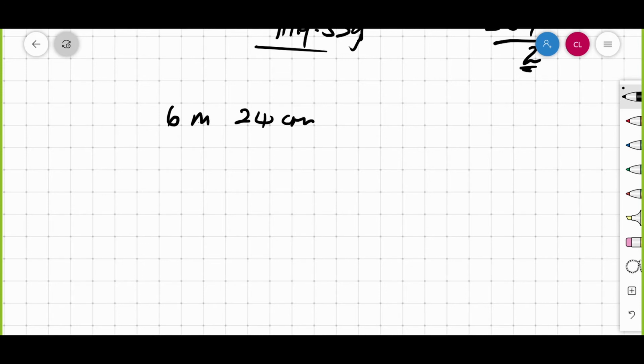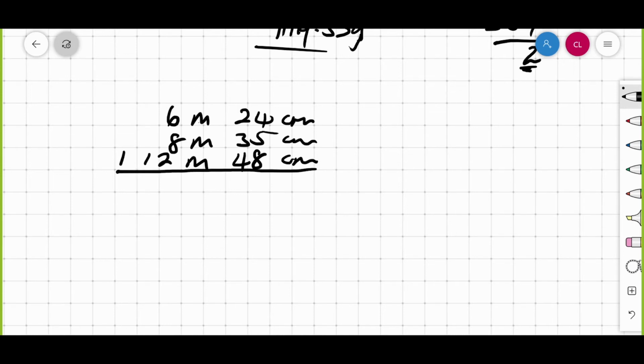The next time, this time they go 8 meters and 35 centimeters. Then on the last attempt, that person goes 12 meters and 48 centimeters. What is the average throw for that person?